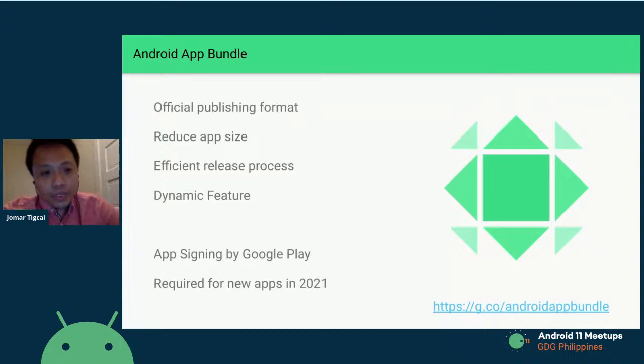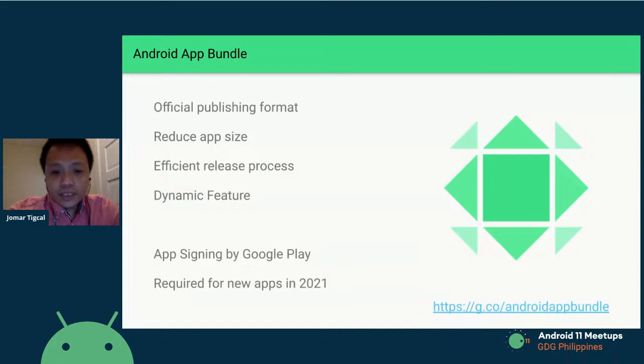And then with Android App Bundle, you can also have dynamic delivery of features. Like for example, you have a scanning code, or a certain feature that's only rarely used by your consumers.